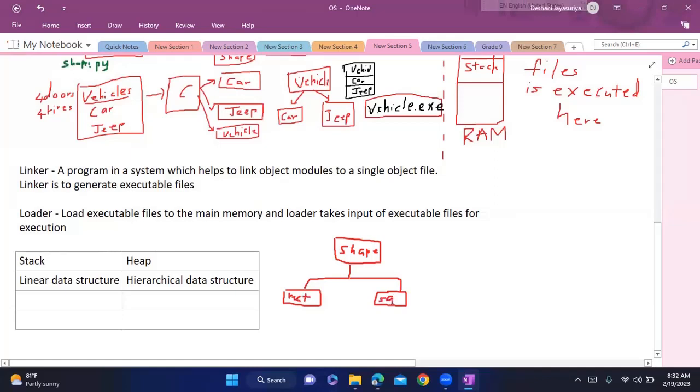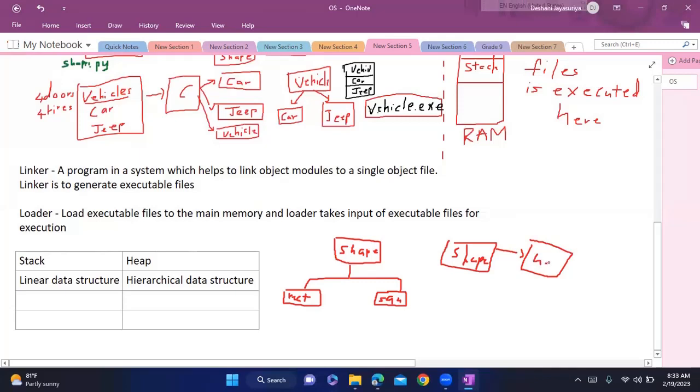And when it comes to linear, linear means it's going one after the other. So we have shape in here, and then we have the next one, like this way.